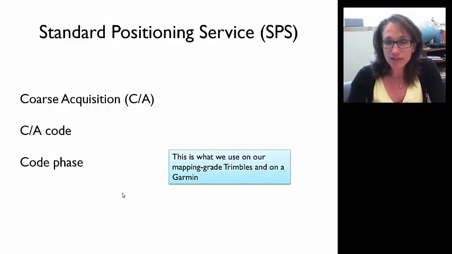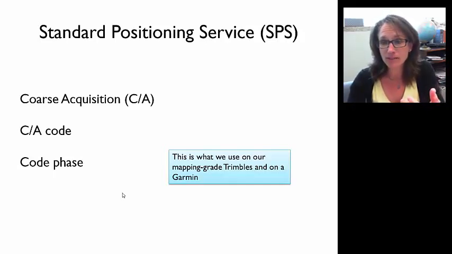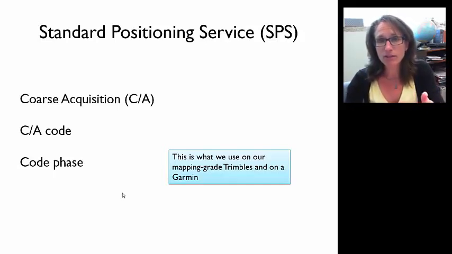Standard Positioning Service, SPS, this is a review of what we talked about earlier. Coarse acquisition, or C/A code, is the code that is modulated onto the carrier wave. This is often referred to as code phase GPS, and this is what we're doing. So our Garmins and the mapping grade Trimbles are code phase GPS units.